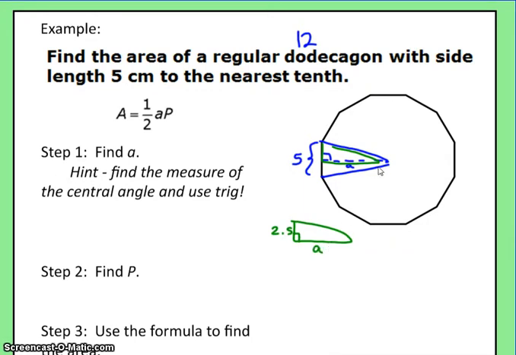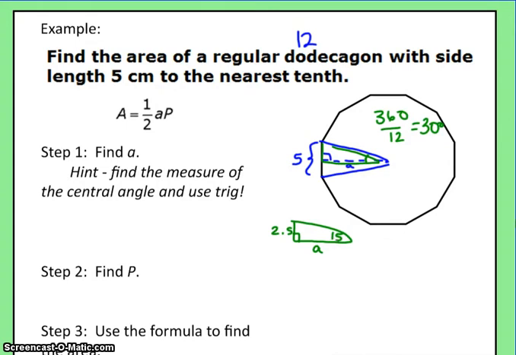Now to find the interior angle, I would do 360 divided by 12. Let's see, put that into my calculator, 30 degrees. Now the whole angle of the blue triangle is 30, but I only want half of it, the green triangle, so that's 15 degrees.